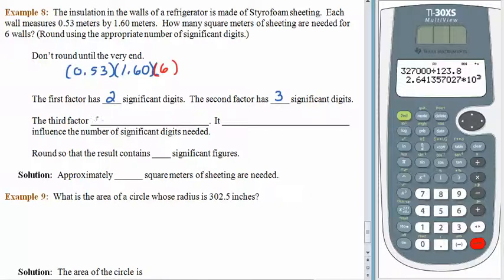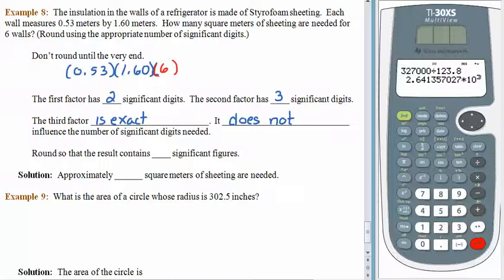This is exact. We want exactly 6 walls. Not about 6 walls. This is an exact number. And what that means is that it does not influence the number of significant digits that we need. The fact that 6 only has 1 digit in it isn't going to matter because it's not a measured value.